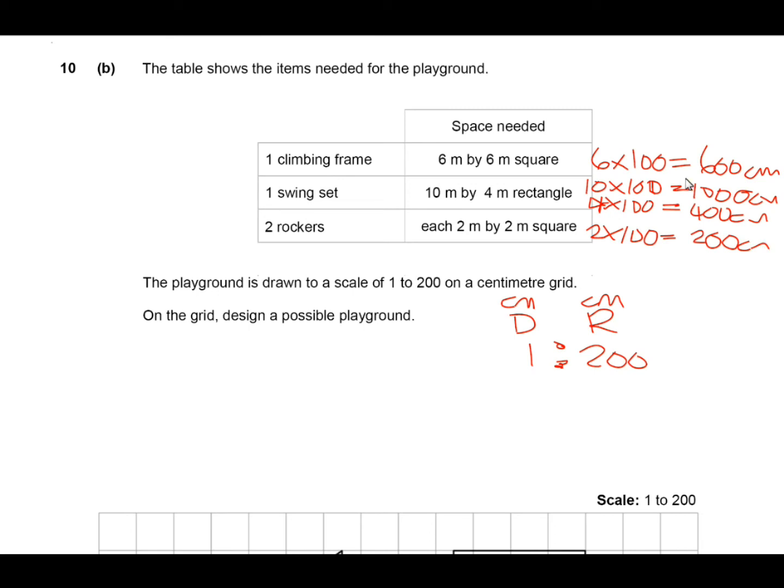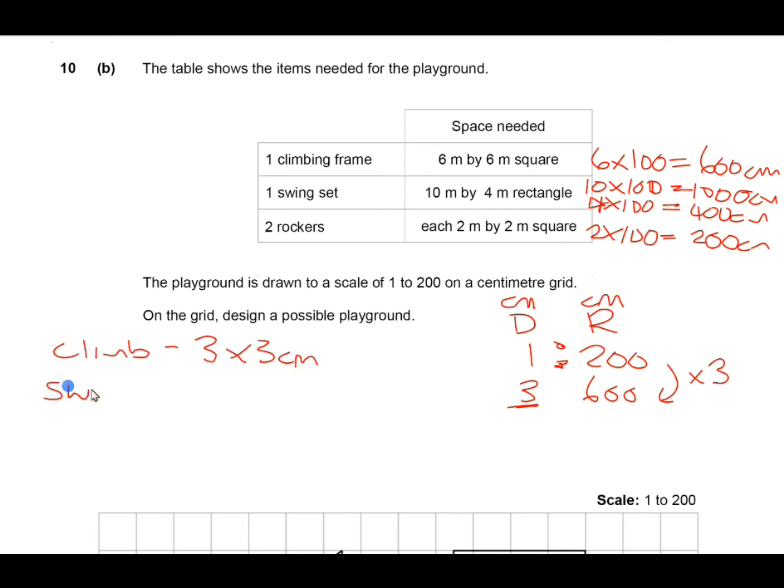So now when I put in each of these, it will tell me how many centimeters I need to draw. So let's look at the climbing frame, which is 600. So to get from 200 to 600, I multiply by 3. So my climbing frame needs to be 3 squares by 3 squares, or 3 centimeters by 3 centimeters.